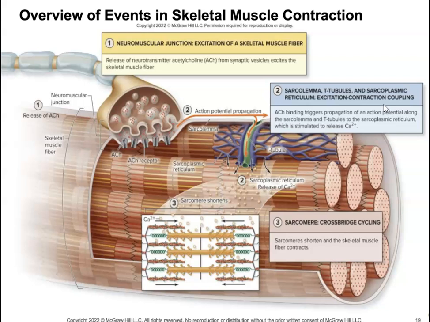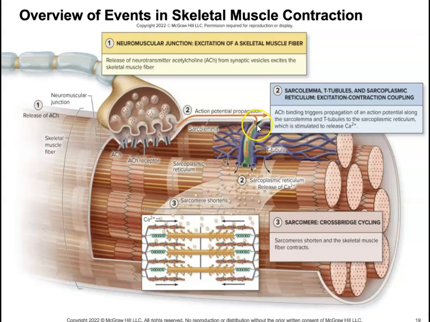Now remember, we talked previously about those T-tubules. So if you look at this muscle cell membrane, the sarcolemma, and you come all the way here to the green, you can see it is really just where the membrane comes down into the cytoplasm of the cell. So it dips down and surrounds the muscle fibers, okay?